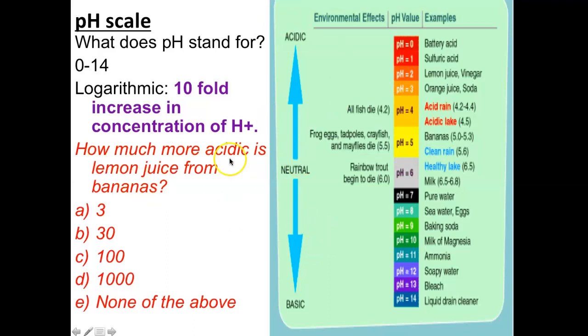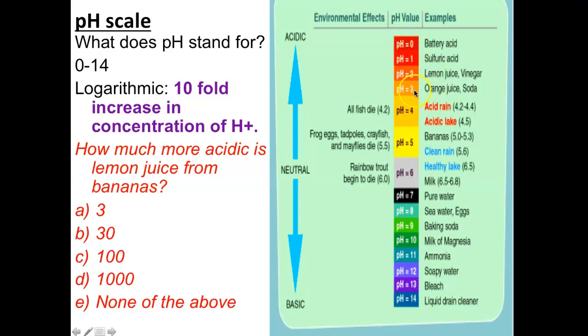How much more acidic is lemon juice than bananas? Let's go to our scale. Here are the acids. Lemon juice is 2. Bananas is 5. So from 2 to 3 is a 10 times difference.